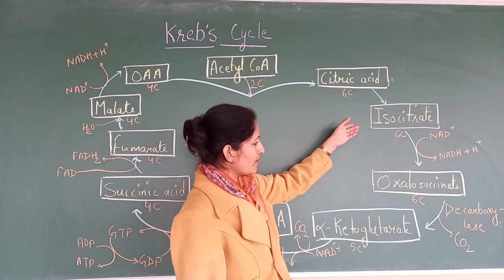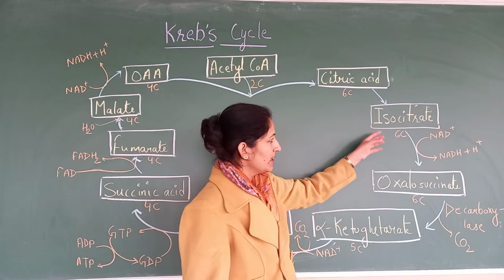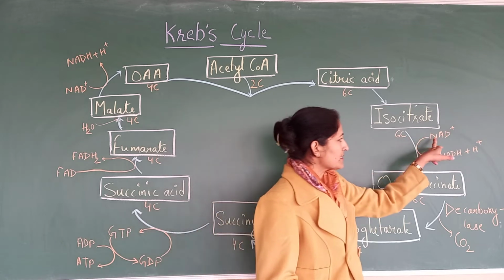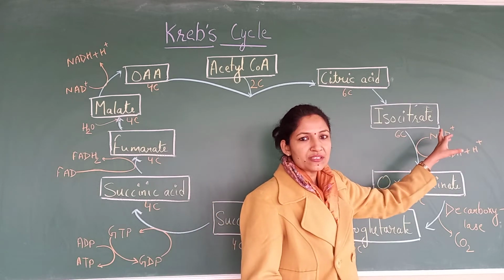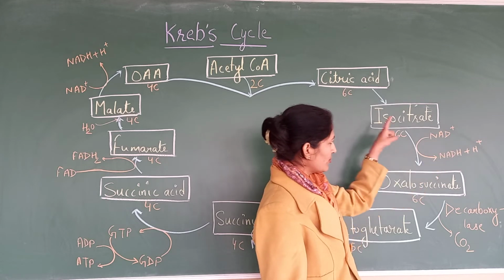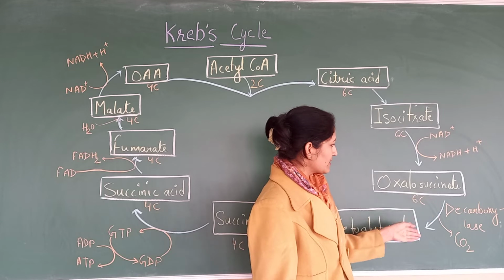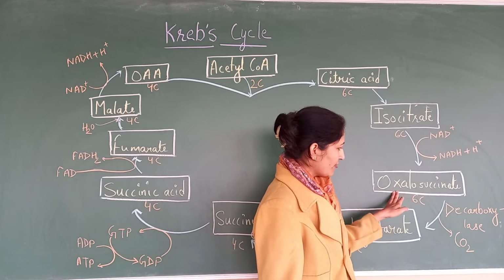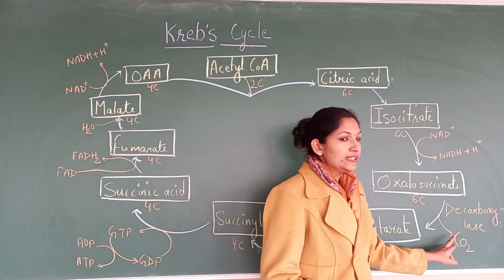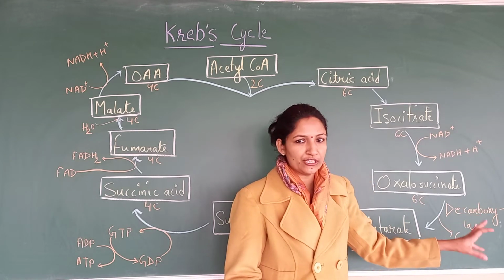Isocitrate is going to form oxalosuccinate after oxidation. While oxidizing, the coenzyme NAD plus is involved, which gets reduced itself to oxidize this molecule to form oxalosuccinate. After oxalosuccinate formation, there is a decarboxylation, which means the release of a carbon dioxide molecule.